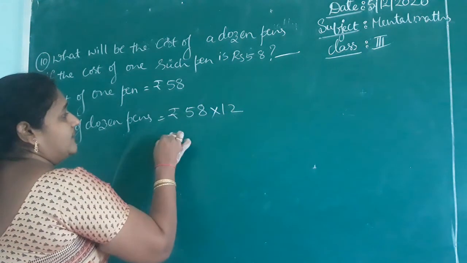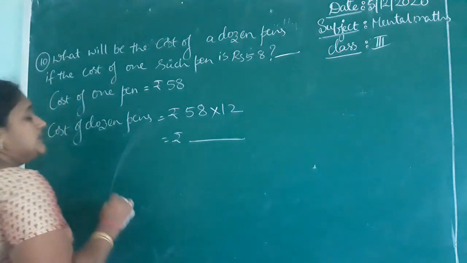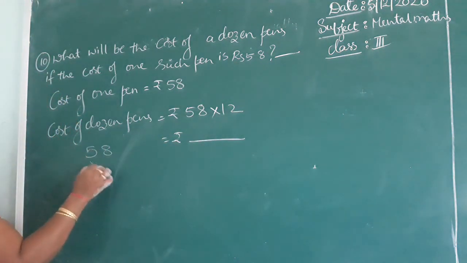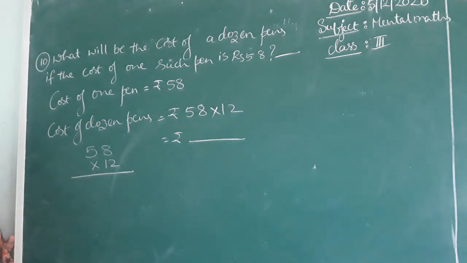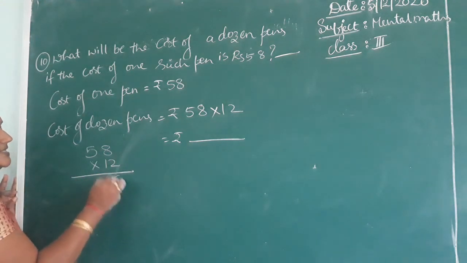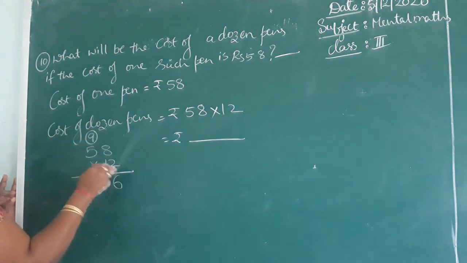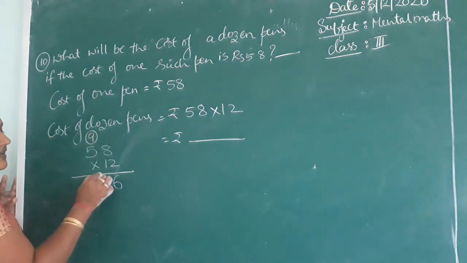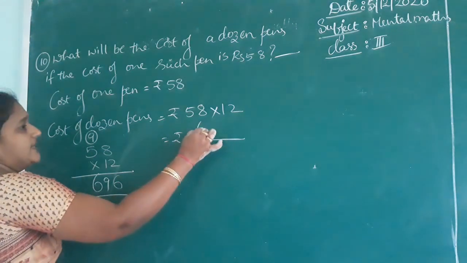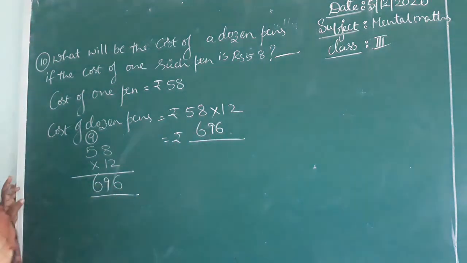If you multiply with 12, you will get that answer. 12 eights are 96. Write 6 here and 9 here. 12 fives, 60. 60 plus 9, 69. It's nothing but 696 rupees.